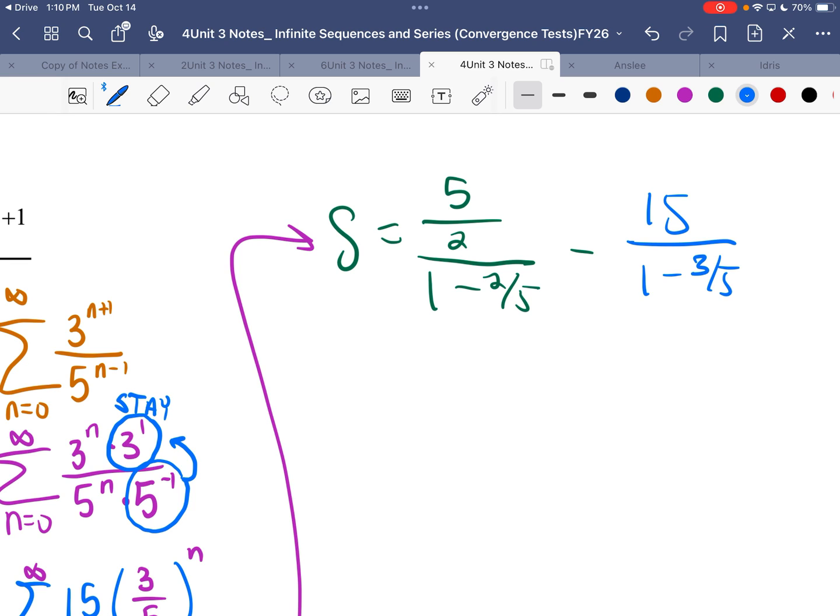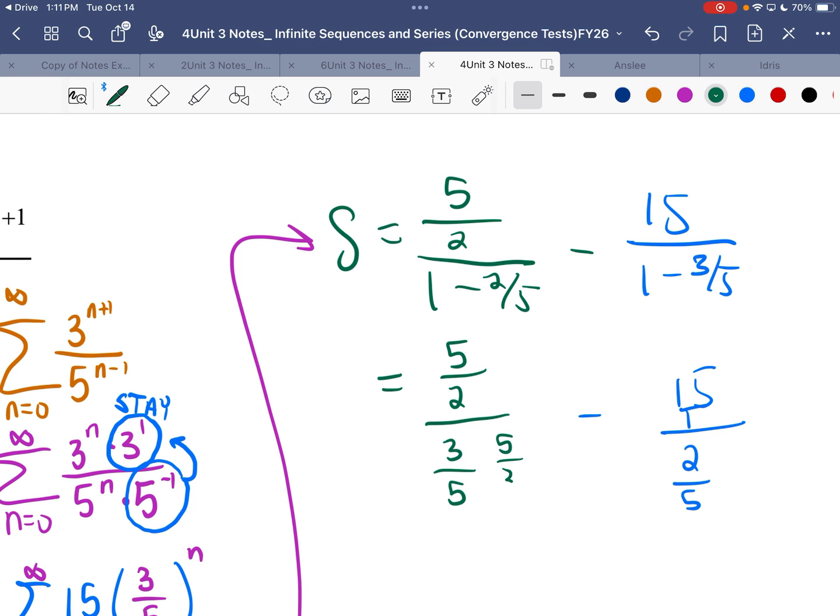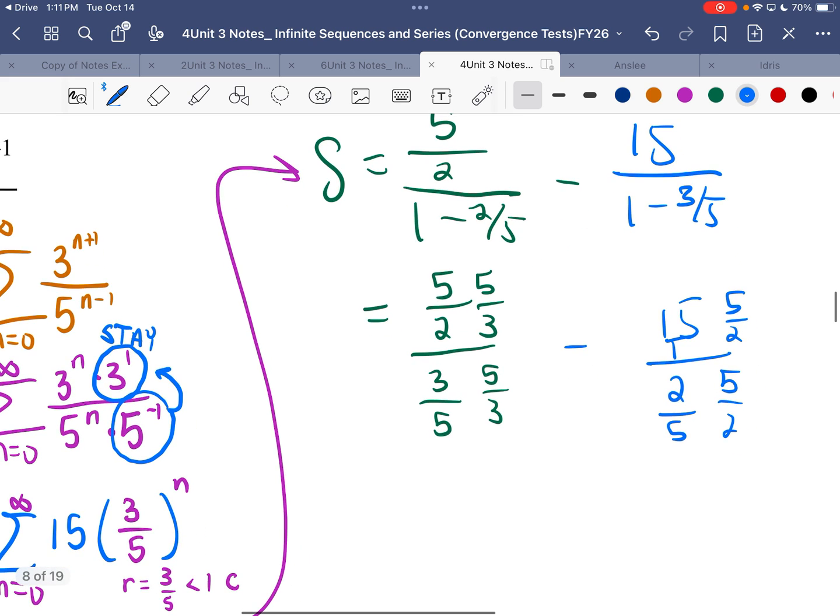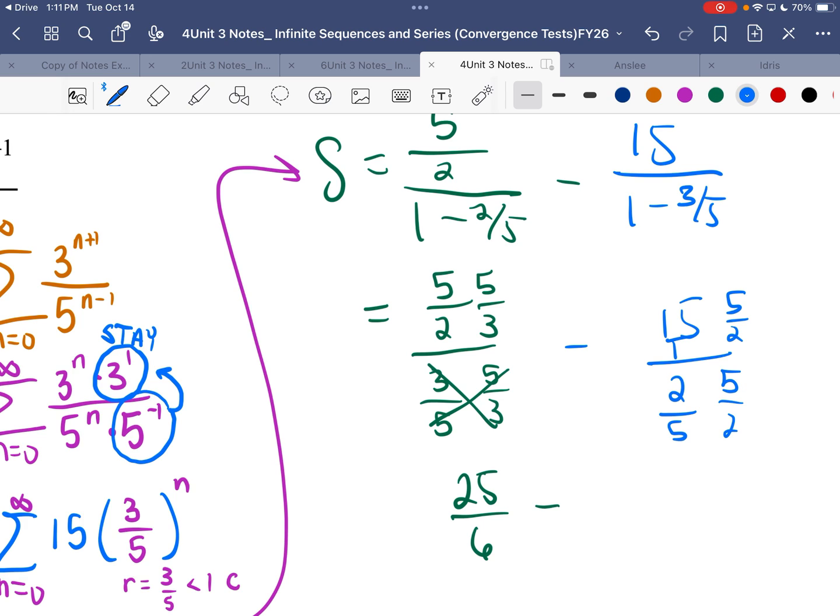Just saying. But I think that I'll do it the old school way just for you. 25 over 6 minus 75 over 2. 75 times 3 is what? 250?